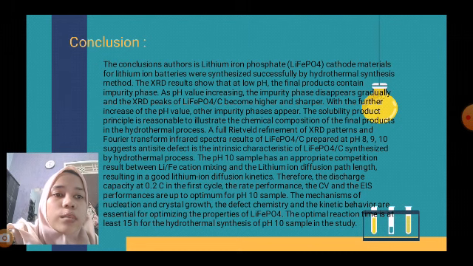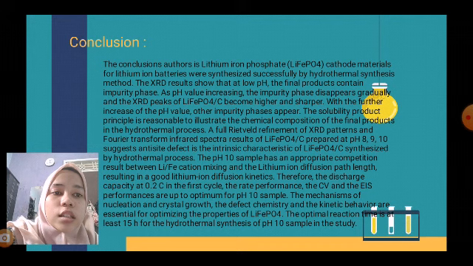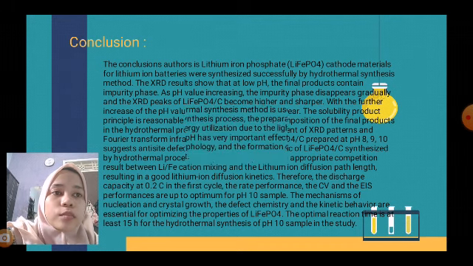The mechanism of nucleation and crystal growth, the defect chemistry and the kinetic behavior are essential for optimizing the properties of lithium iron phosphate. The optimal reaction time is at least 15 hours for the hydrothermal synthesis of the pH 10 sample in the study.